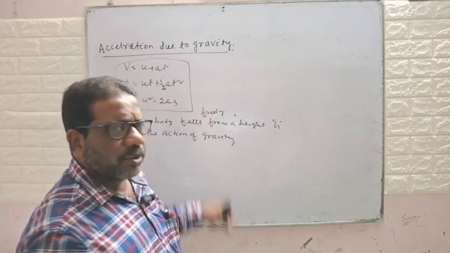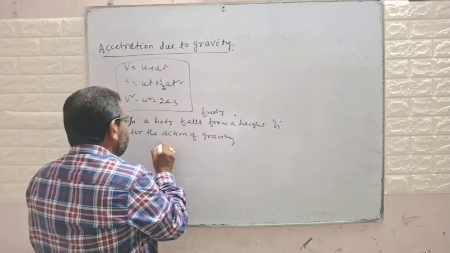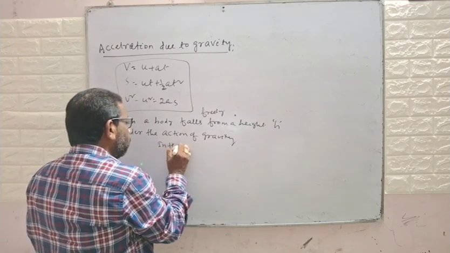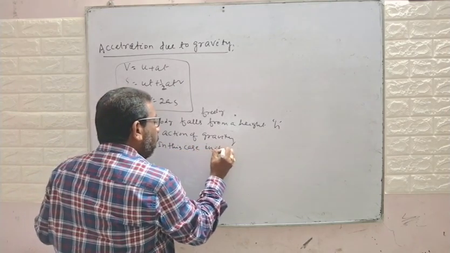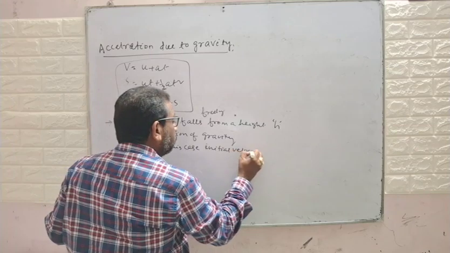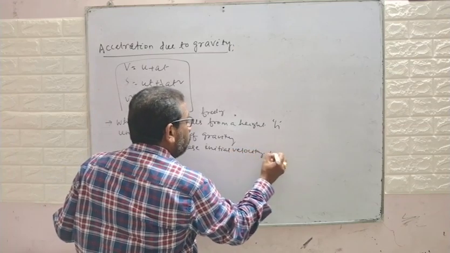The initial velocity is 0. In this case, initial velocity u equal to 0.